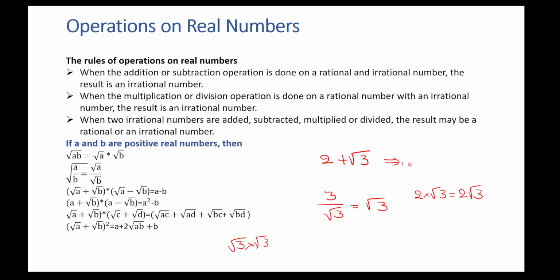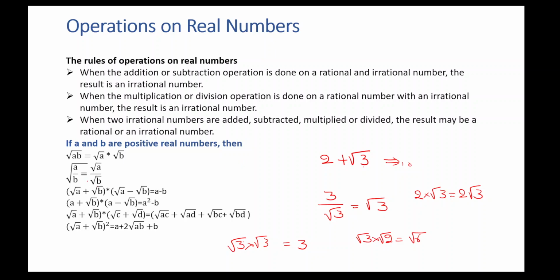Both are irrational numbers, but we get a rational number sometimes, based on the condition. When we multiply root 3 into root 2, although both are irrational numbers, we still get an irrational number. But in the other case, although both are irrational numbers, we get a rational number. It depends on the condition. That's why it may result in either rational or irrational.